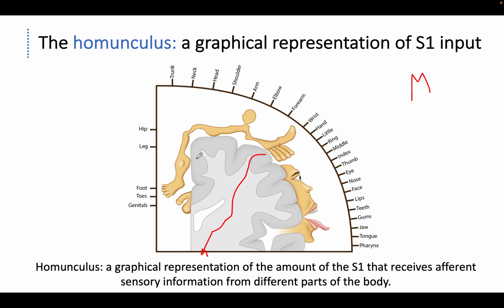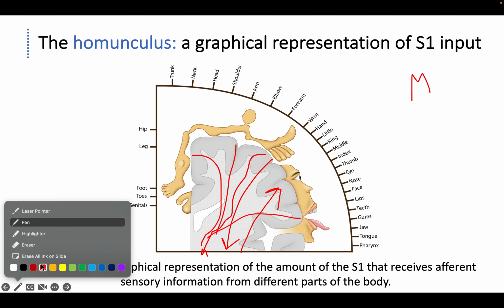Say we want to move our leg. Well, it's going to start here, and it's going to come down this way. Say we want to move our lips. It's going to come here. We want to move our elbow. It's going to come from here. So again, if this was a motor homunculus, it would be the same thing, but the information is coming in a different way, right? So if this is sensory, the information is coming in. If this is motor, the information is coming out, okay?